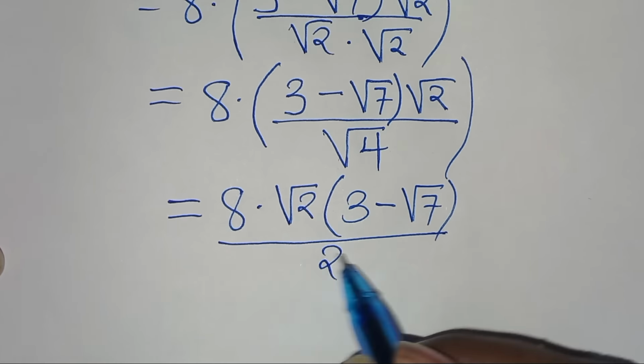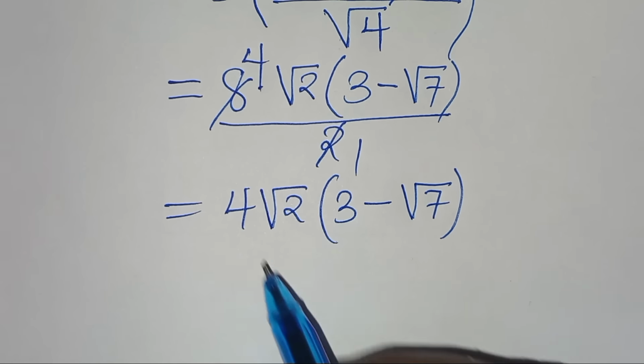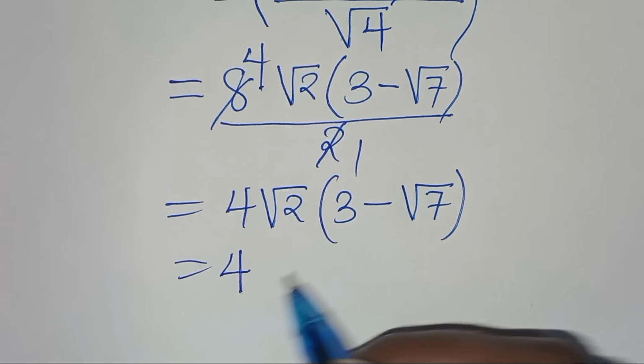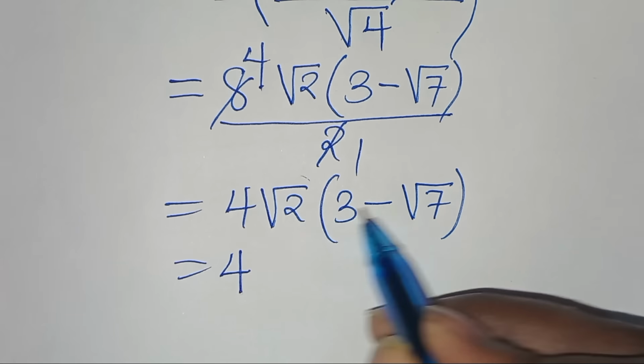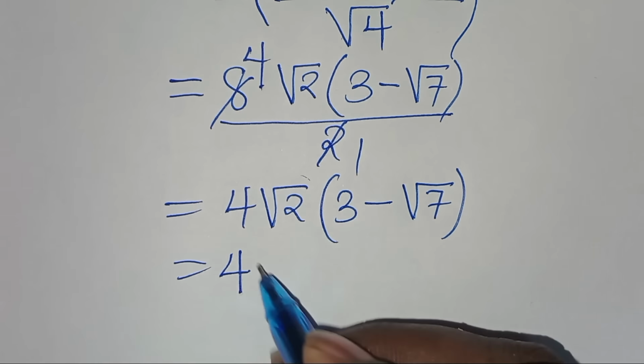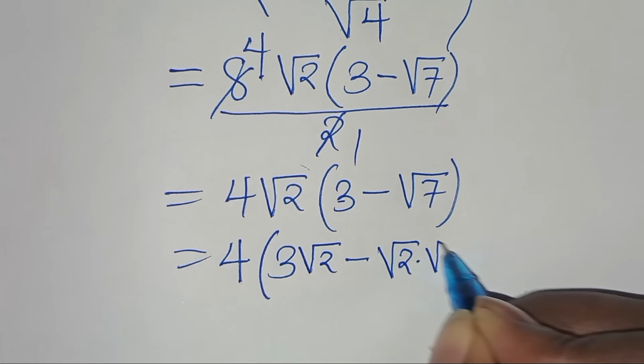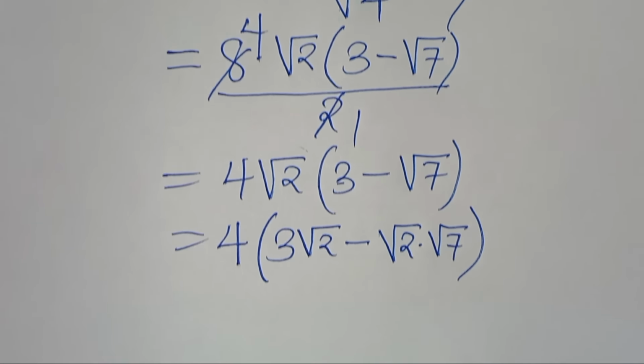So this implies that here we have 4. We can multiply square root of 2 by everything in the parentheses here, so that now we have 3 times square root of 2 subtract square root of 2 times square root of 7 across the parentheses.